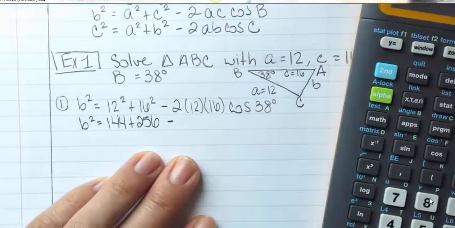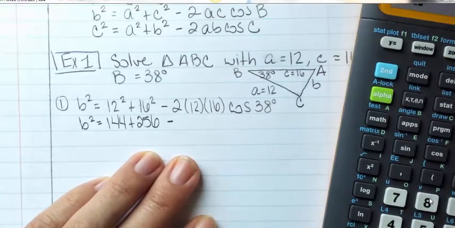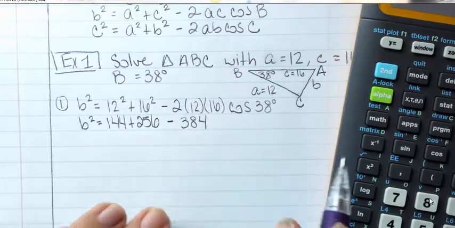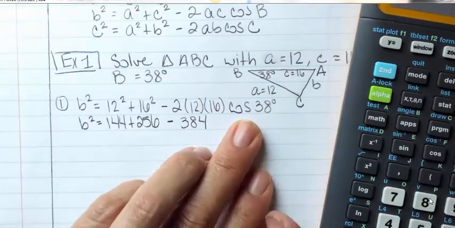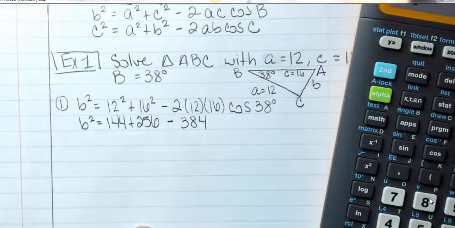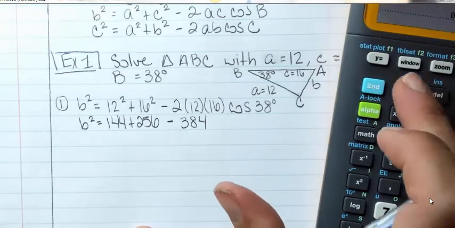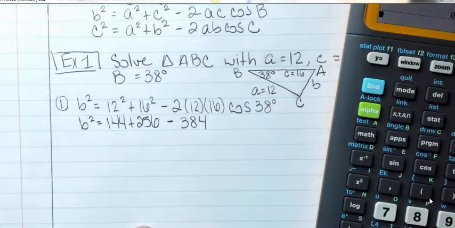I don't know what 12 times 16 is. And then multiply that by 2, 384. And then I'll figure out what cosine of 38 is. Let's make sure I'm in the right mode. I am. Okay, good. I was just double checking.